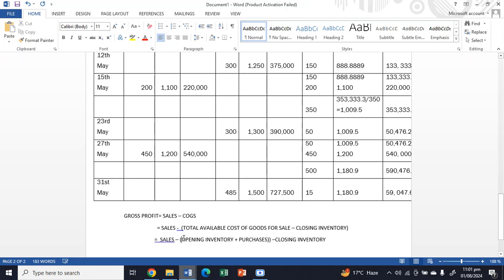Now, in this case here, we do not have any opening inventory. So basically, our total cost of goods available for sale will be our total purchases value.